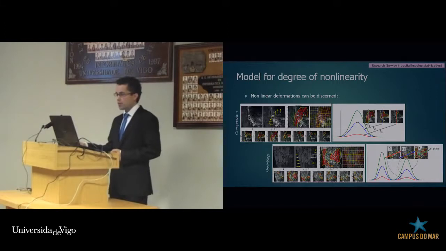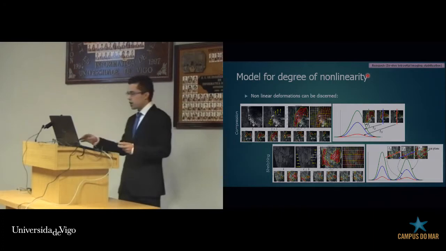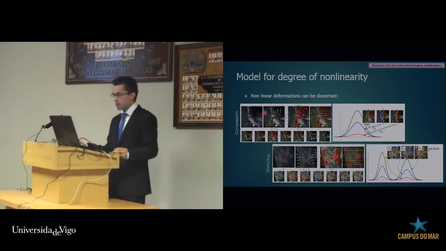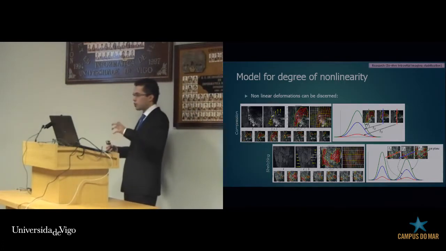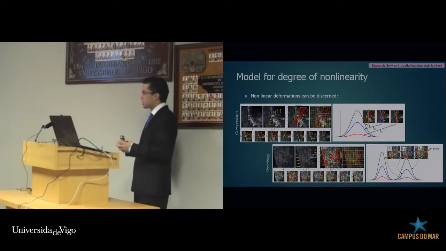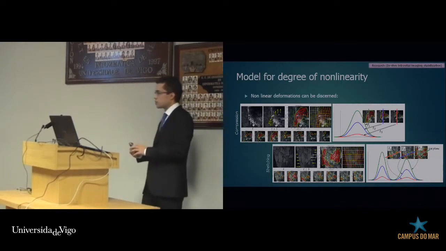So here we have a model for the degree of nonlinearity when you have endogenous movement. When you have, for example, a compression like here, the tissue between here and here, you have a unimodal distribution, because if you have several cut planes over time, you can see the distribution of these points in red, which are random samples that don't match very well because of the compression.